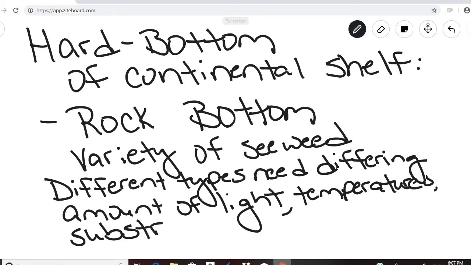They will use different types of substrate. So some seaweeds prefer a softer substrate, others a harder substrate. And the other thing about seaweed is there are some types that grow year round, and other types have a very short growing season. When a type with a short growing season has run its growth cycle for the year, it dies, and then another type can move in and grow in that area.